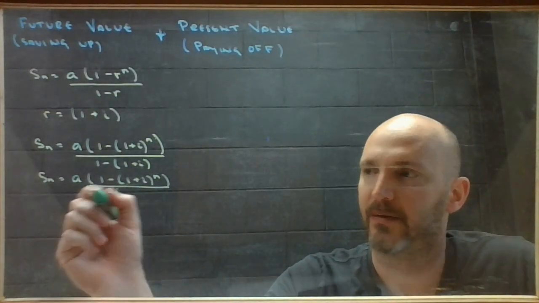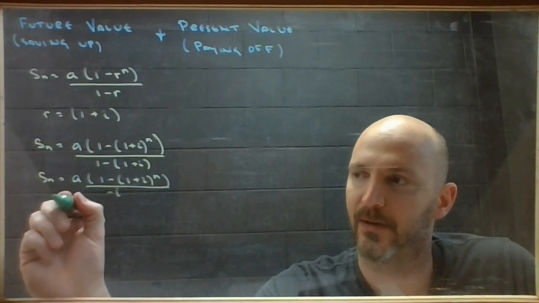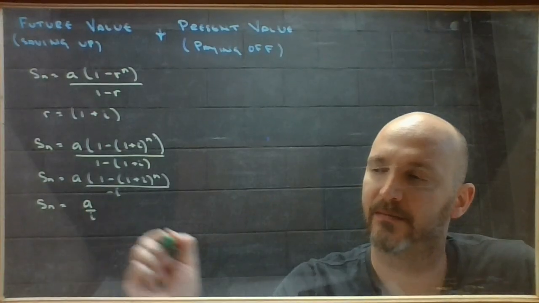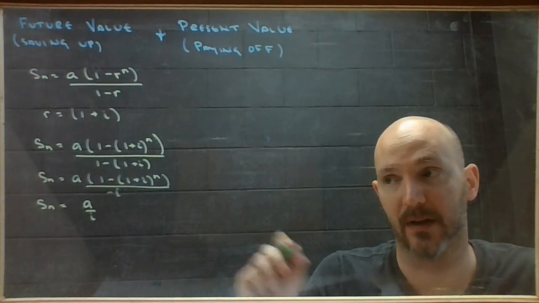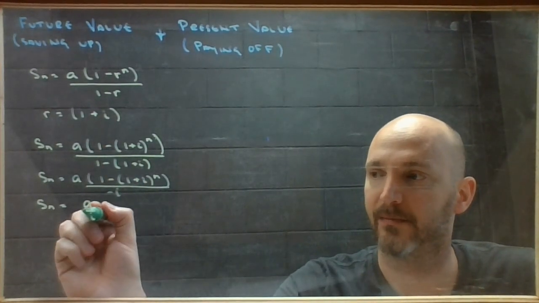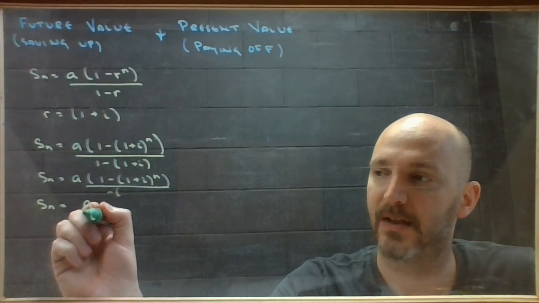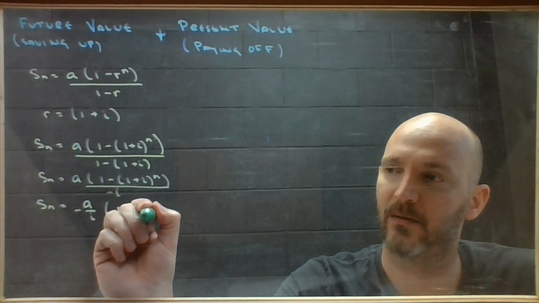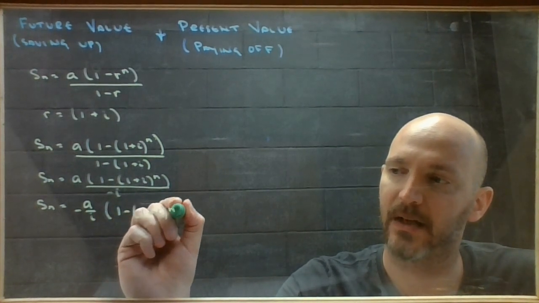Most people don't. So I'm going to pull this out in front here and just write it as A over i. Then we don't have to worry about quite a complicated looking fraction. That i was negative, so out it goes. And I have 1 minus (1 plus i) to the n back here.